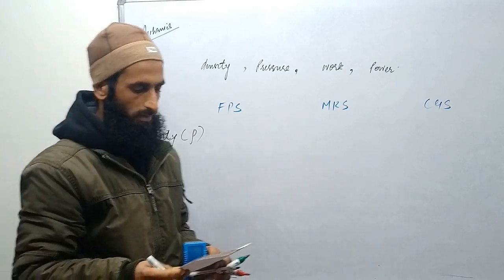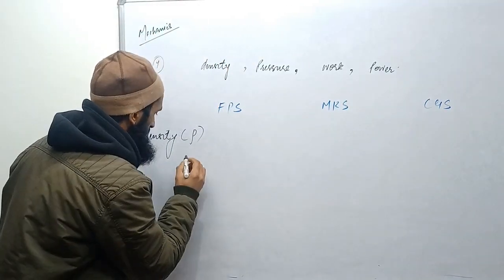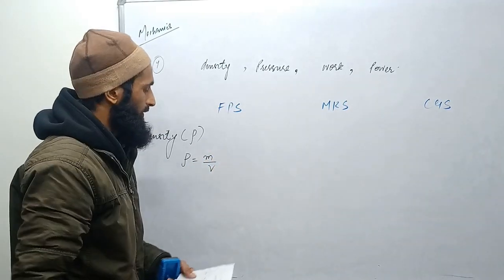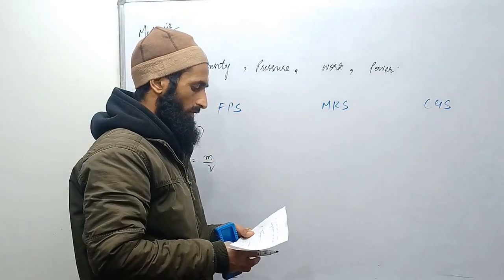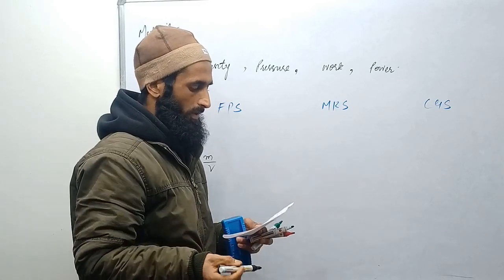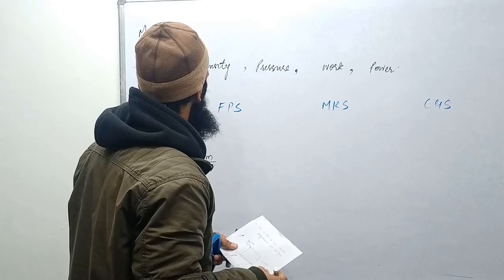The first quantity is density rho, and we know density is mass per unit volume. Before making this conversion, we have to keep some things in mind.